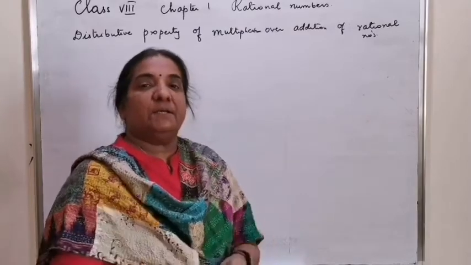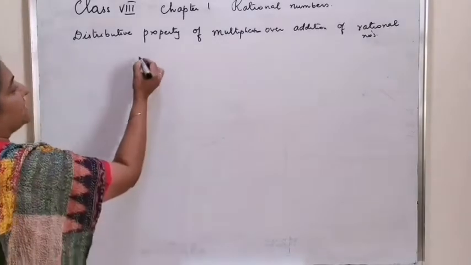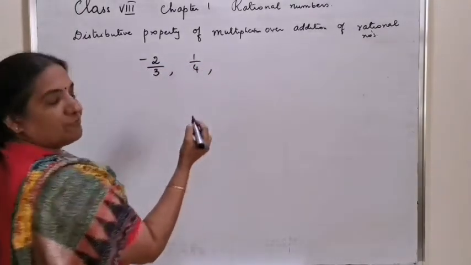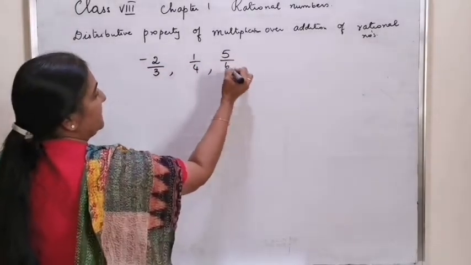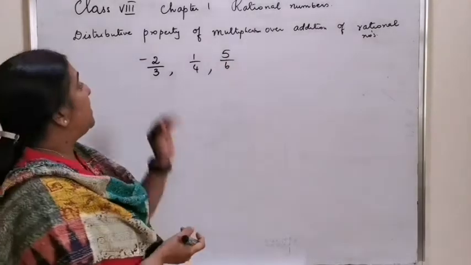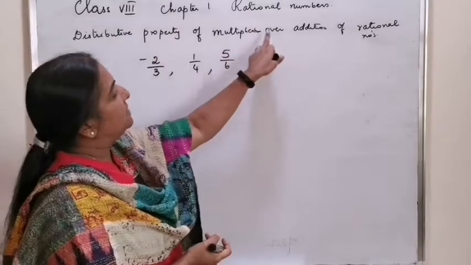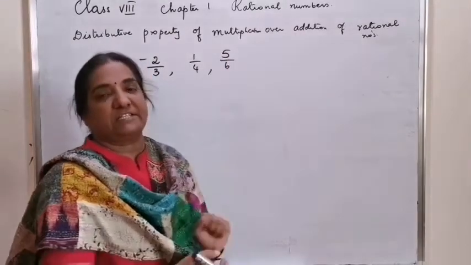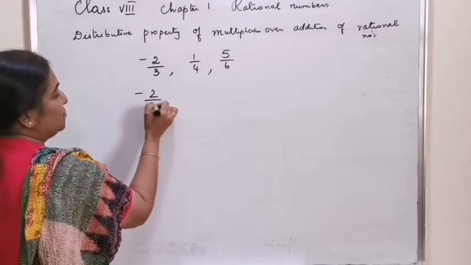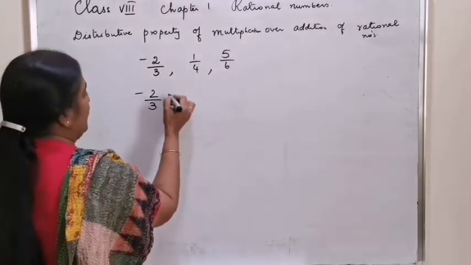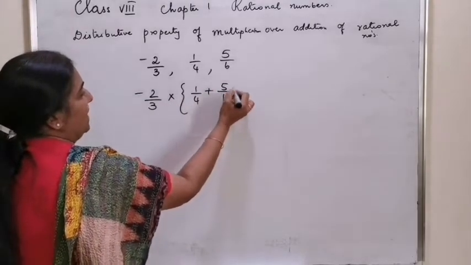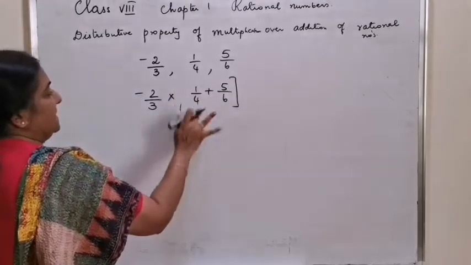That means if you have three rational numbers, minus 2 by 3, 1 by 4 and 5 by 6, we are checking whether the property of multiplication over addition of rational numbers holds. That means questions like minus 2 by 3 into 1 by 4 plus 1 by 6.